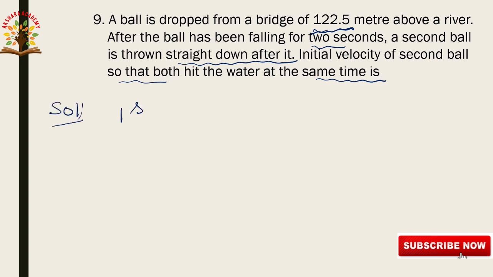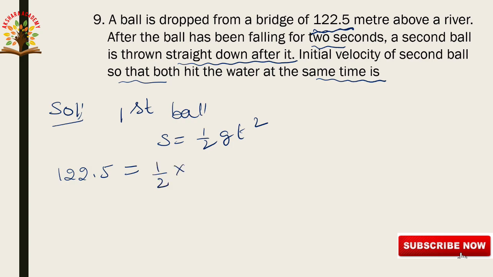Now we are calculating for the first ball. S is equal to half g t square. Here they have given the distance, that is the ball is dropped from a bridge 122.5 meters. So 122.5 equals half into g, that is 9.8, into t square.